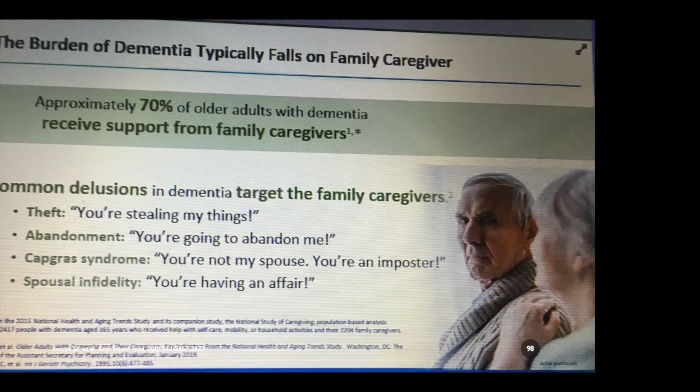It's not that they don't recognize you. This is called the Capgras syndrome, where they really think you are not your spouse, that you're actually someone sinister, or accusing you of having infidelity or having an affair. So these are very common delusions. I wanted to kind of give you a flavor for them.